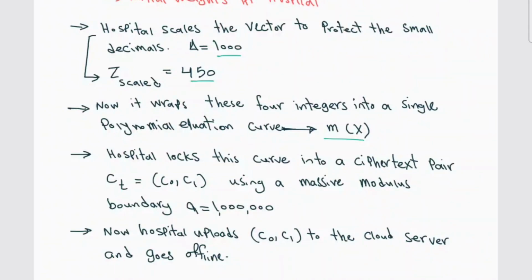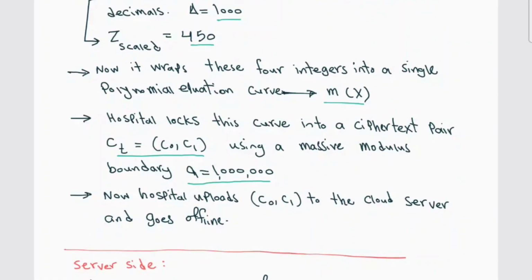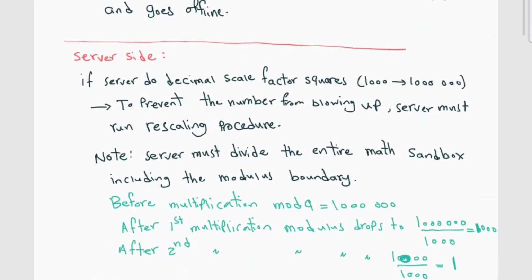Now we need to encrypt this message and we create C0 and C1. The hospital also chooses a very big boundary, for example Q equal to 1 million. Now the hospital sends C0 and C1 to the cloud server and goes offline. There is nothing else to do on the hospital side.